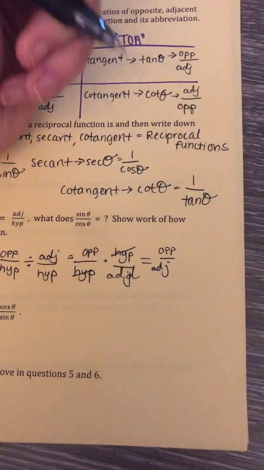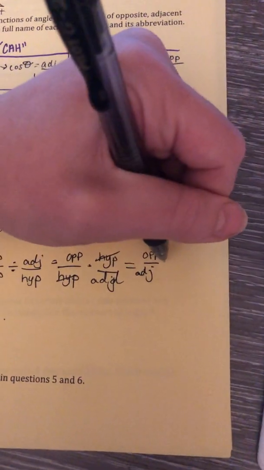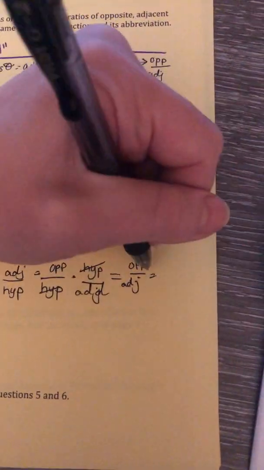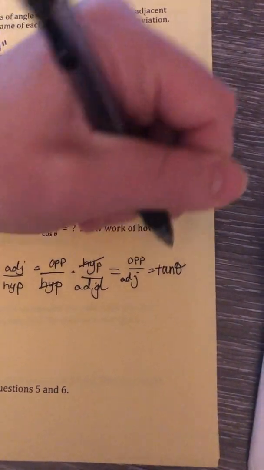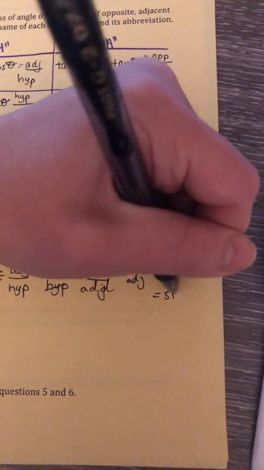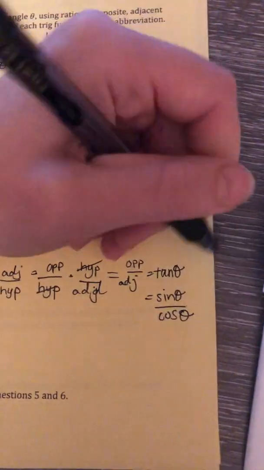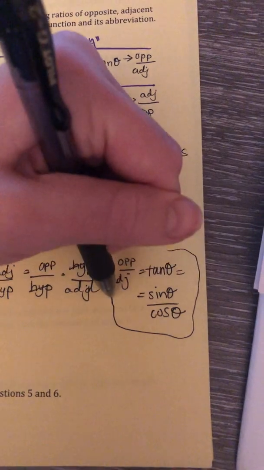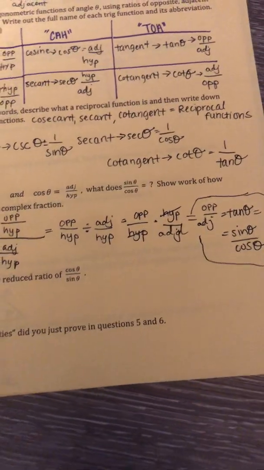Oh, and that should be a J. That's my bad. Opposite over adjacent is also equal to what? Tangent. Opposite over adjacent, tangent. I ran out of room. So this also tells us that tangent is equal to sine over cosine.